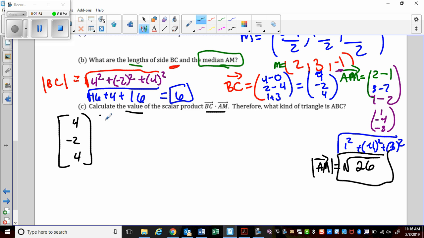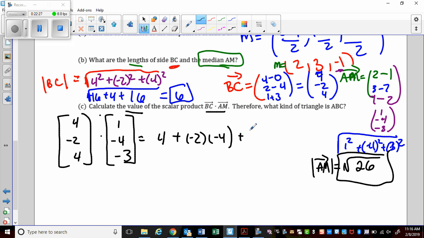And AM is 1, negative 4, negative 3. And when we do that dot product, we get 4 times 1, negative 2 times negative 4, plus 4 times negative 3.